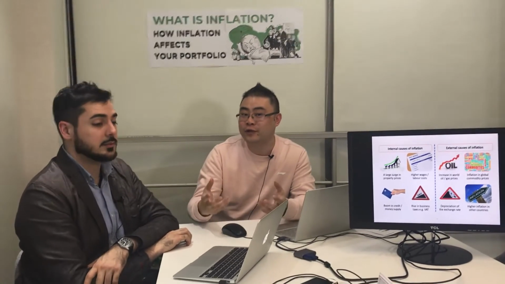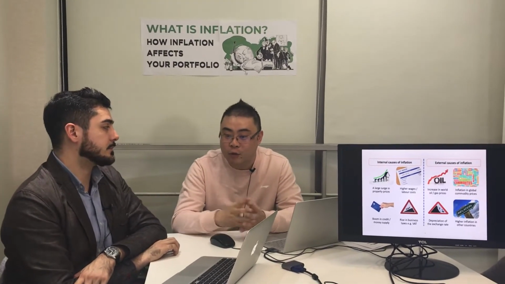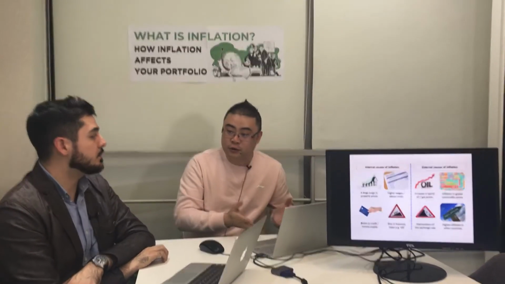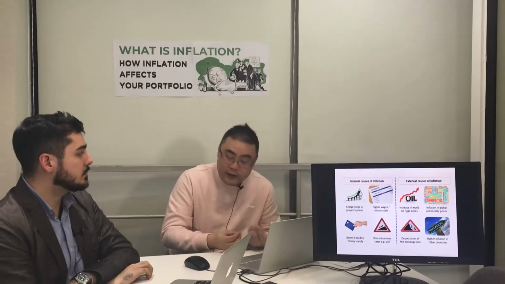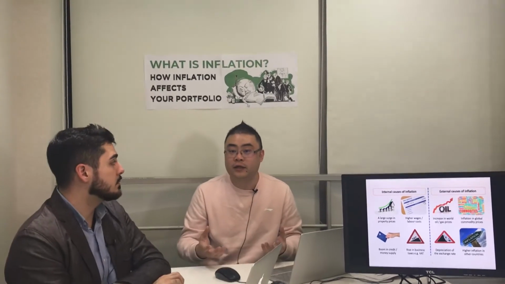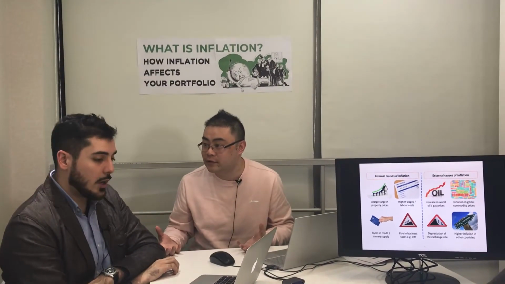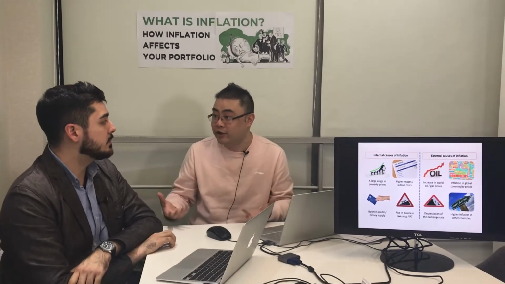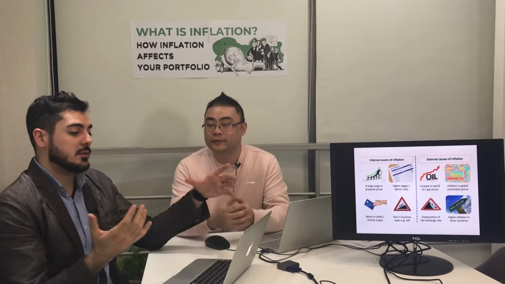You earn more, so you don't care so much why the pork price increased. 10 or 20 years ago, you spent a little money to buy a house, and now maybe it's 10 times more, so of course the price will increase. And remember the question we asked before: how will this affect your portfolio?